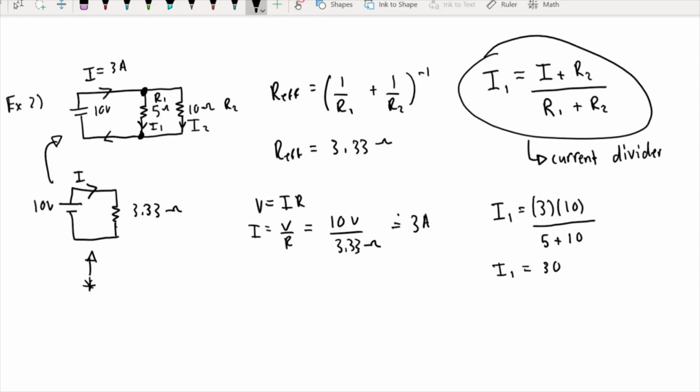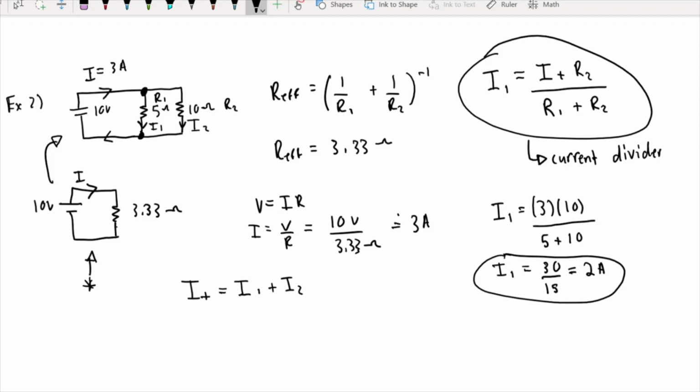So you're going to have 30 over 15, which is equal to 2 amps. So your I1 is equal to 2 amps. Now, going back to what I said before, this I total is 3, and your I1 and your I2 have to add up to 3. So I total, which is 3, equals I1 plus I2.